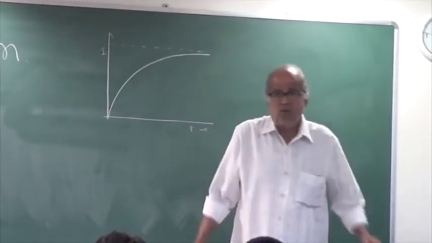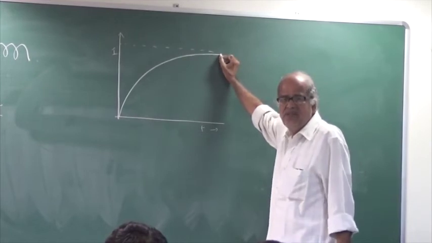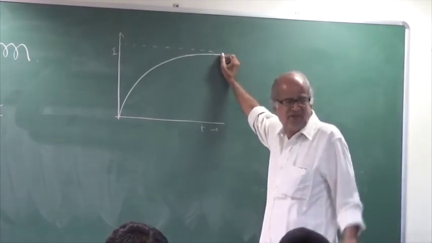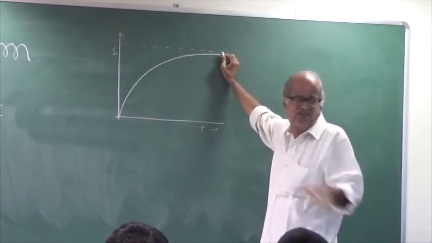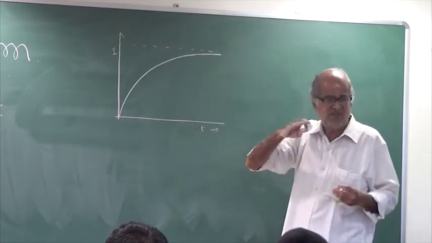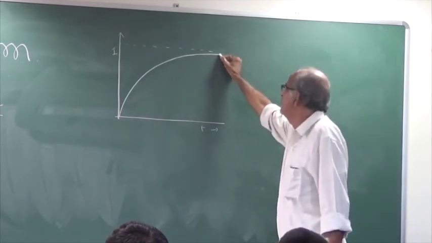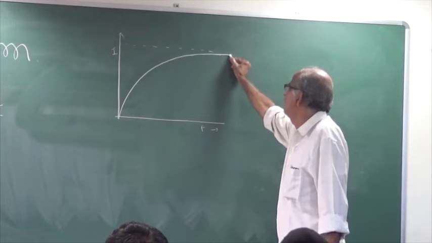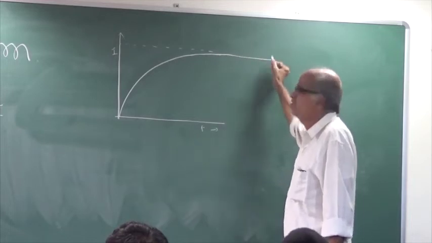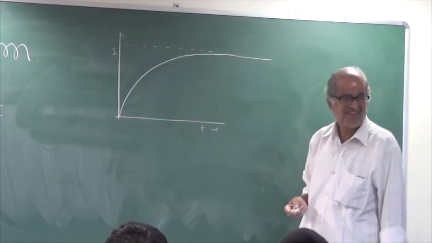Clear? Now, once the current reaches a constant maximum value, there is no induction effect because the same current is flowing through the coil. Now, suppose you switch off, what will happen?